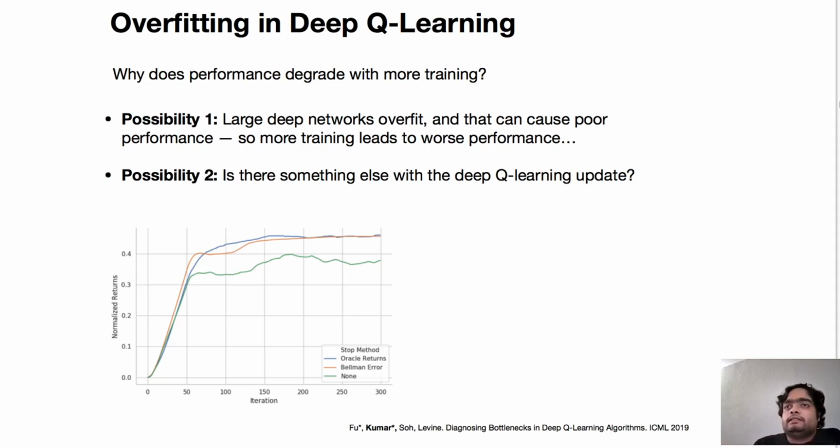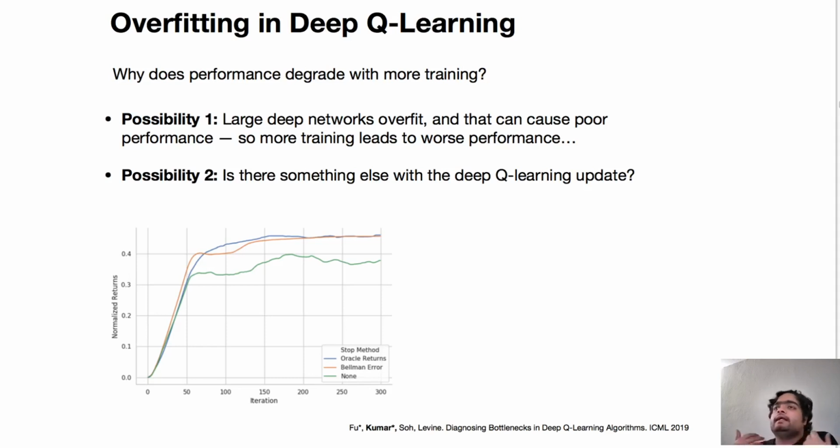What we wanted to do in this experiment was, can we devise a simple early stopping mechanism for Q-learning? That in itself is a hard problem. So in this figure, what we were interested in was really an oracle measure.